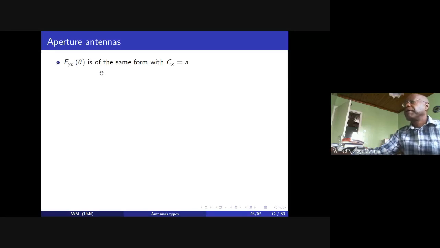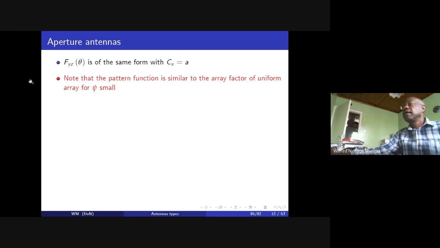For the Y pattern, we have the same, with the C x given by the width of the aperture. And we note that the pattern function is therefore similar to the array factor of a uniform array for psi when psi is small.